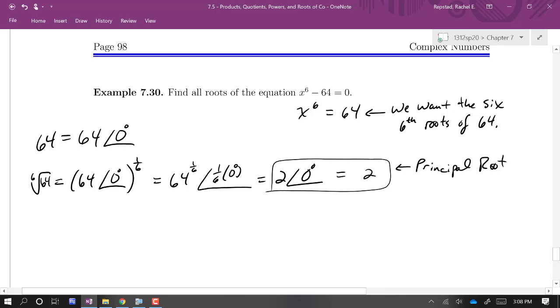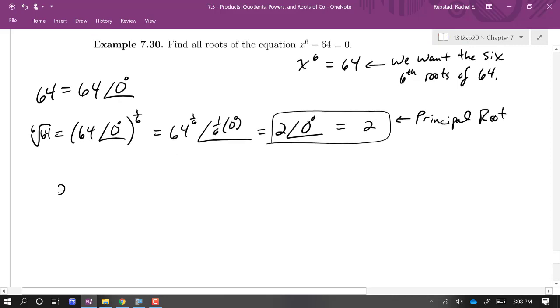For the other 5 roots, I'm just going to keep the modulus the same. The modulus is going to be 2 for all of them, and I'm changing the angle. I'm changing the angle by adding 360 over 6 to each, just over and over again. So our second root, 360 over 6 is 60 degrees.